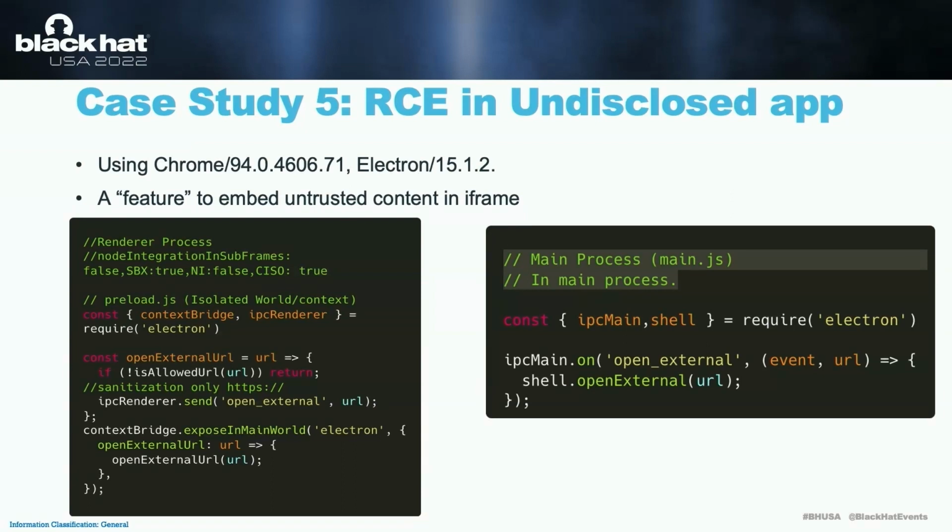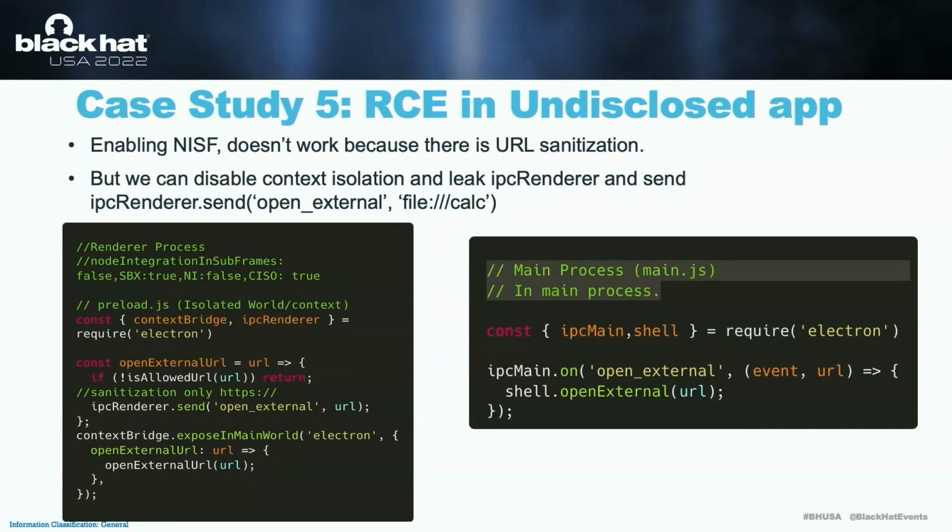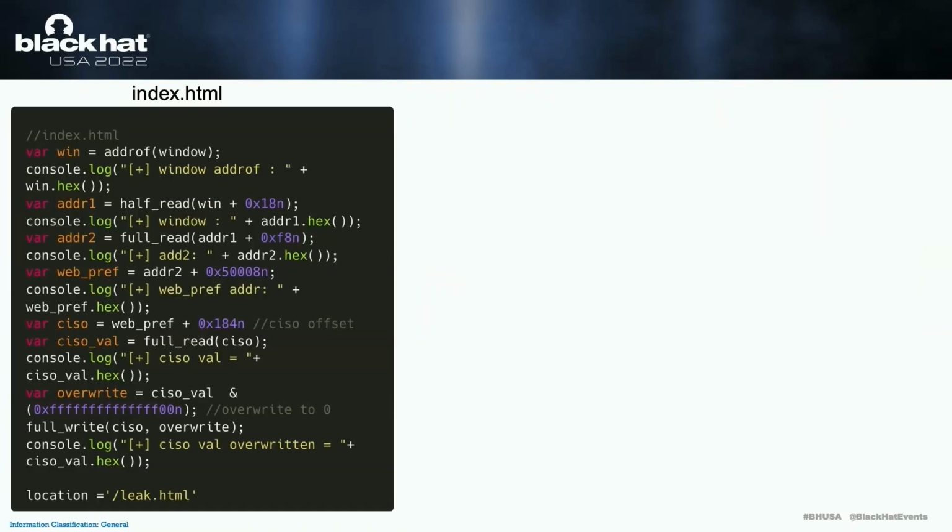It will only allow the URL if it has the HTTPS protocol. Unlike the previous exploit, you cannot pass something like a file path to calc.app, because then it will have the file protocol, which is not HTTPS. So let's find a way to bypass this and make a direct IPC call to the main process from the web page.